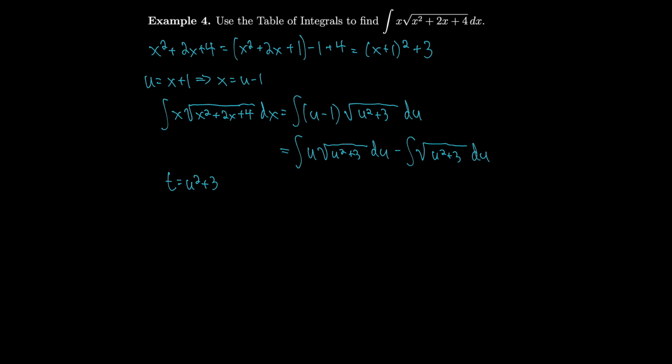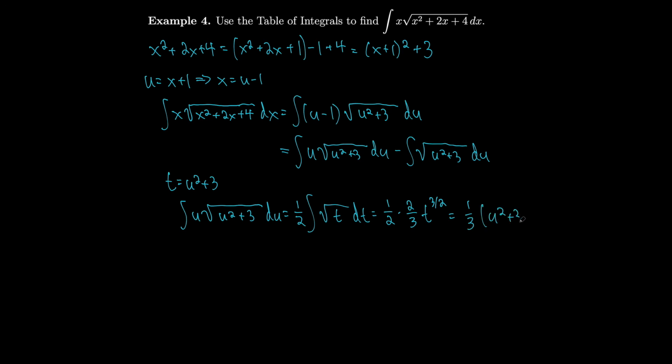So then dt is 2u du. So that means that our integral u square root of u squared plus 3 becomes half of the integral of square root of t dt, which is t to the half, so that's half times 2/3 t to the 3 over 2, which is 1/3 times u squared plus 3 to the 3 over 2.